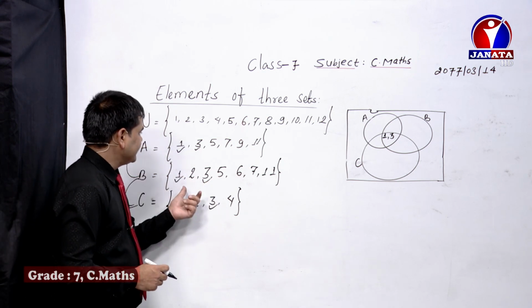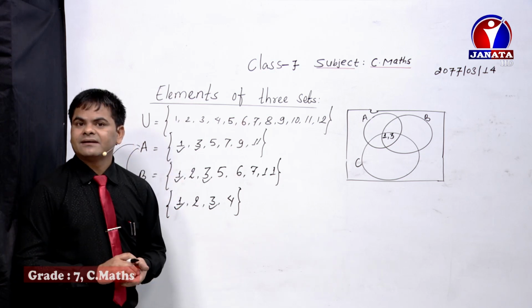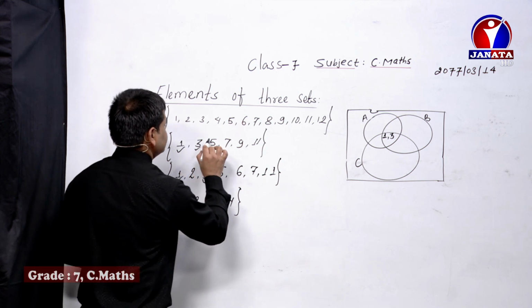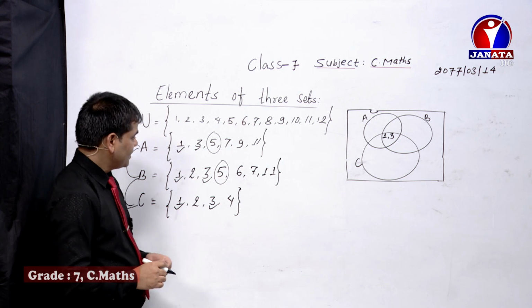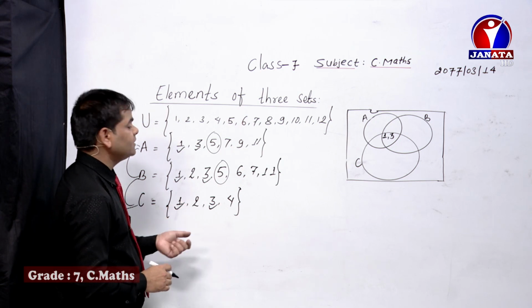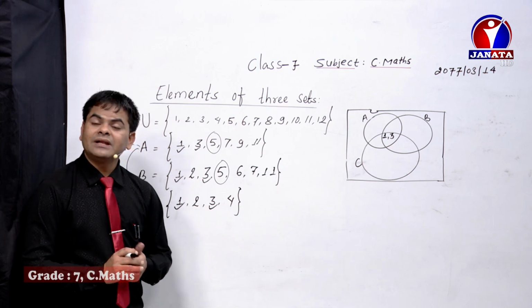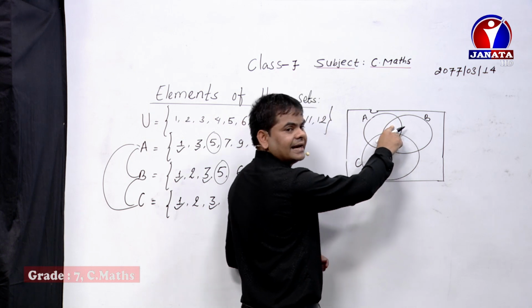Except 1 and 3, which elements are common between A and B? Let's circle it. 5, here is also 5. So 5 should be kept in the common area of only A and B. This is the only common area of A and B.